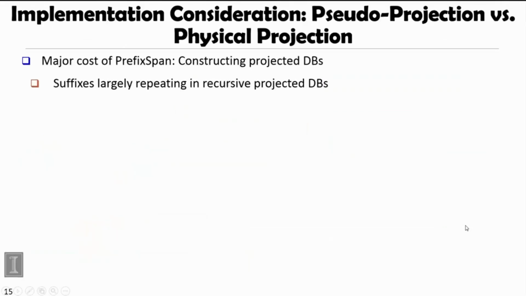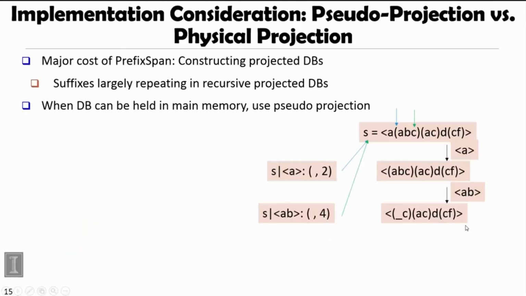So let's look at some implementation tricks. If you do the projection, like you're really taking the sequence to do projection on A, projection on AB, you will get largely redundant subsequences, or you say postfixes, but they are largely redundant with the original string. However, we do not need to do the real physical projection.